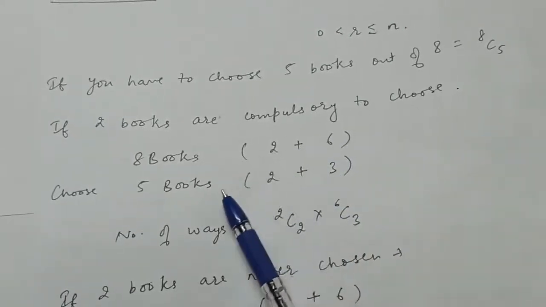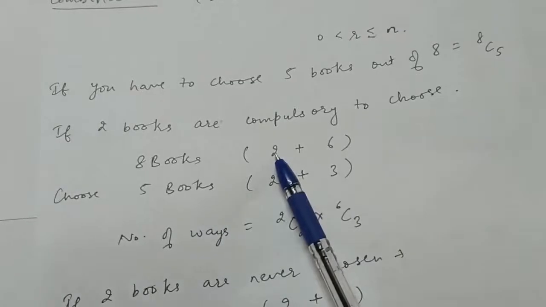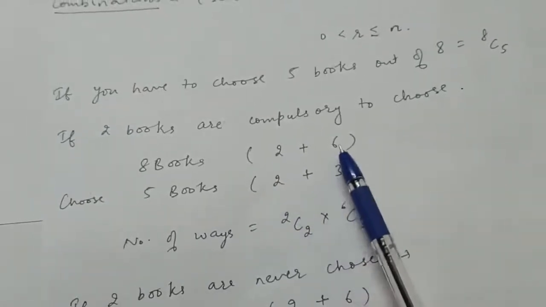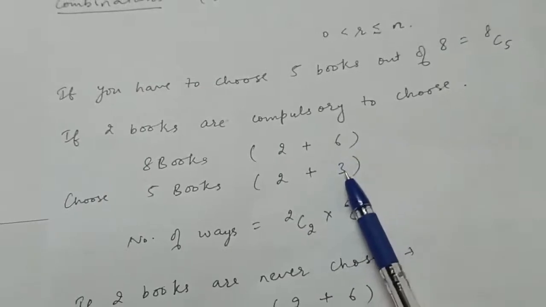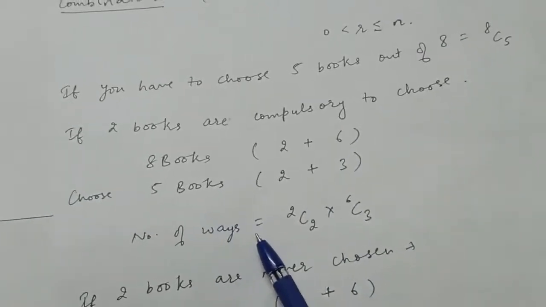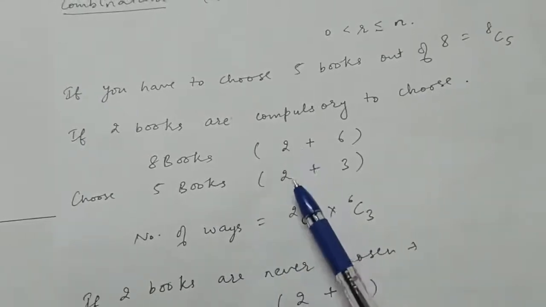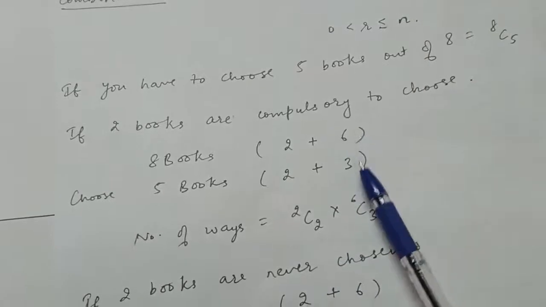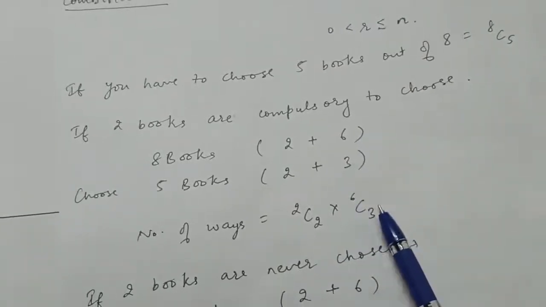And we have to choose 5. Because these 2 are compulsory, therefore we have to choose these 2, plus out of these 6, we just have to choose 3, because 3 plus 2 is 5, right? So the number of ways will be, out of these 2, both the books, 2C2 into, out of these 6, 3, so it will be 6C3, right?